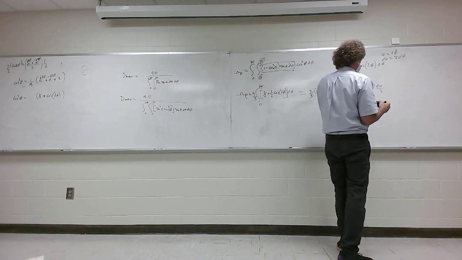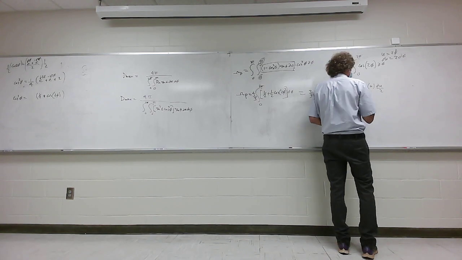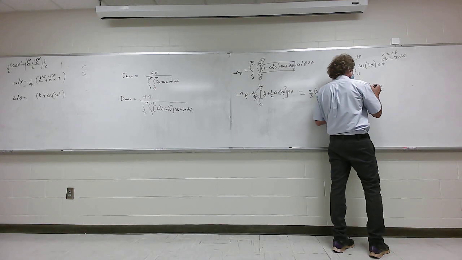And then the limits, since u is 2 phi, this is still 0, and the upper limit becomes 4 pi, doesn't it?